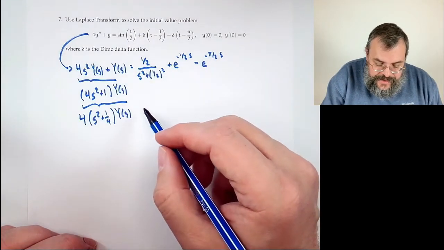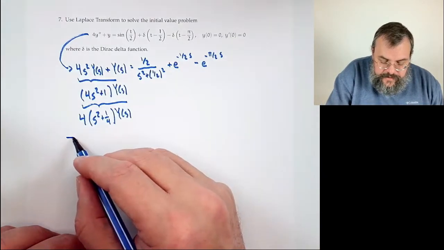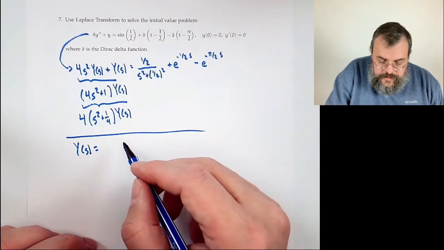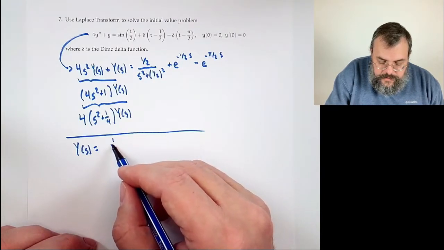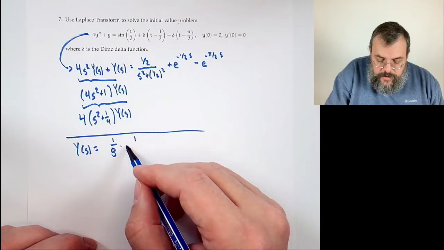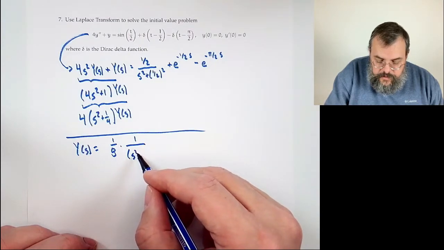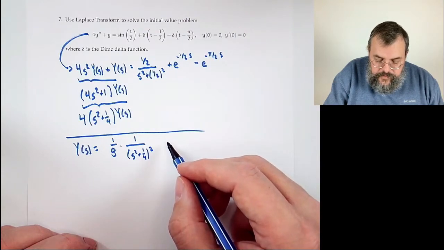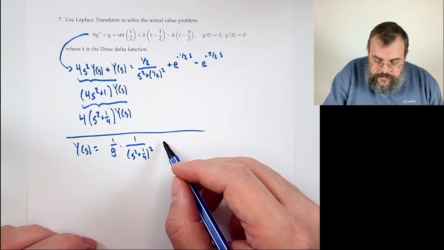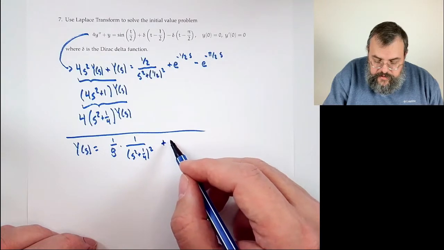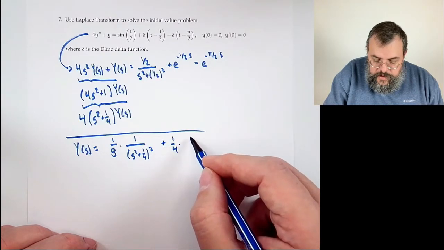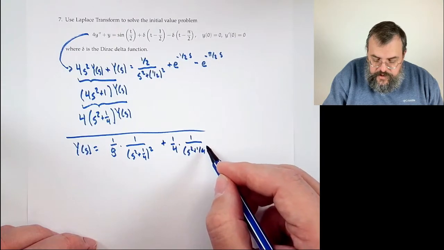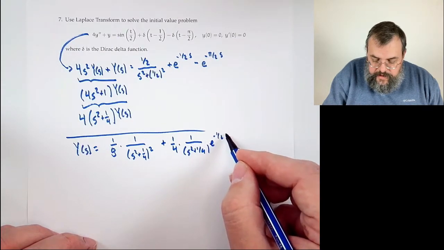Okay, so what do we get? We get that y of s is equal to, well, the first term will be 1/8 times 1 over s squared plus 1/4 squared, and then plus 1/4 times 1 over s squared plus 1/4 e to the minus 1/2 s.